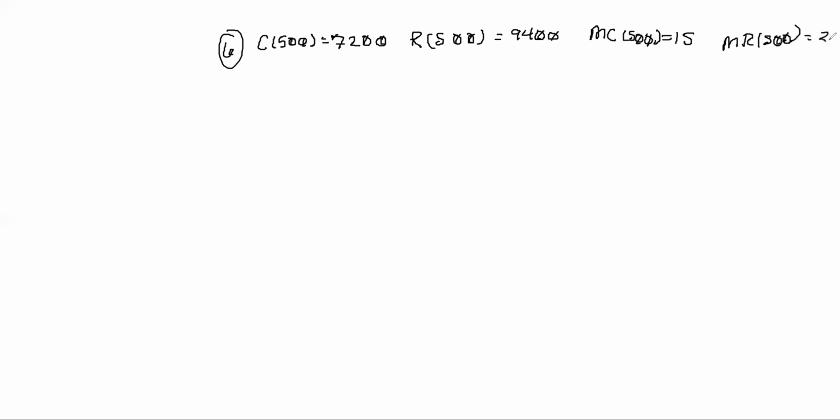C of 500 equals 7,200, and R of 500 is equal to 94(00). And then I also know that marginal cost at that point is 15, and the marginal revenue is 20.